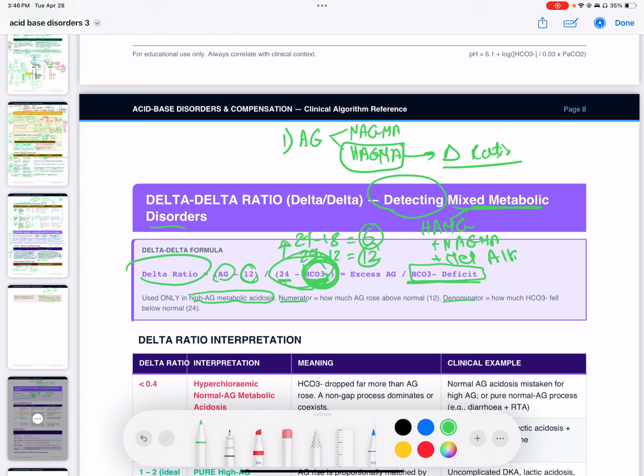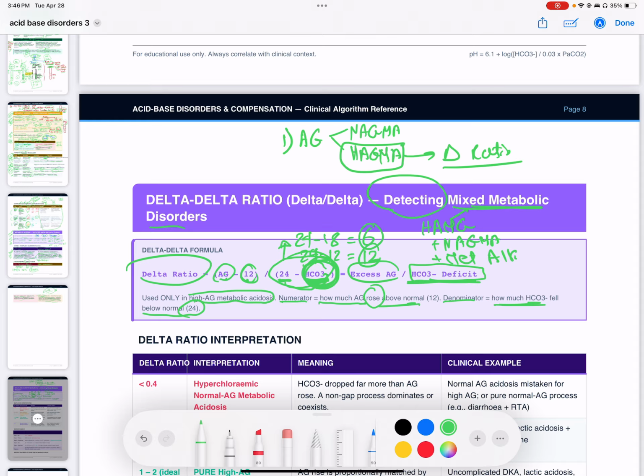So you are basically calculating on the higher number the excess anion gap, which is the anion gap minus 12, over the bicarb deficit, which is saying how much bicarb fell below the normal, which is the 24, and how much anion gap rose above the normal, which is 12.